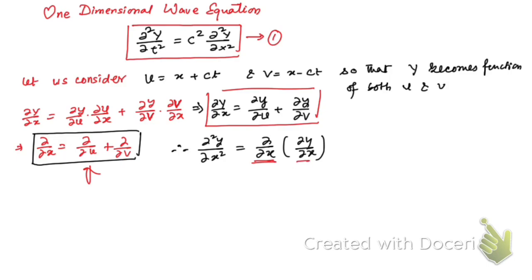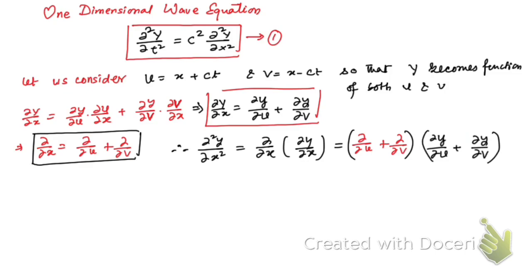Using these two results, we have seen that del by del x is nothing but del by del u plus del by del v, and similarly del y by del x is del y by del u plus del y by del v. First we operate on this by this operator, then again by this operator.